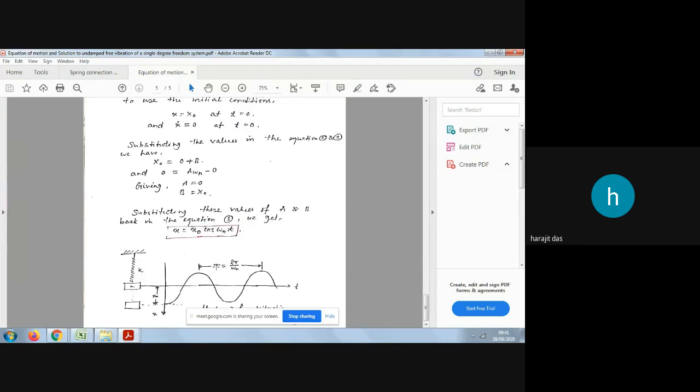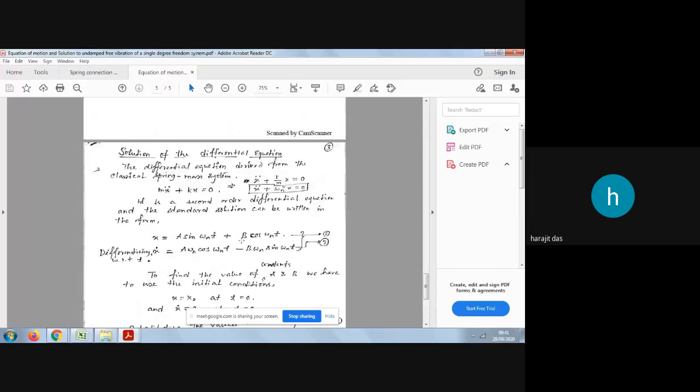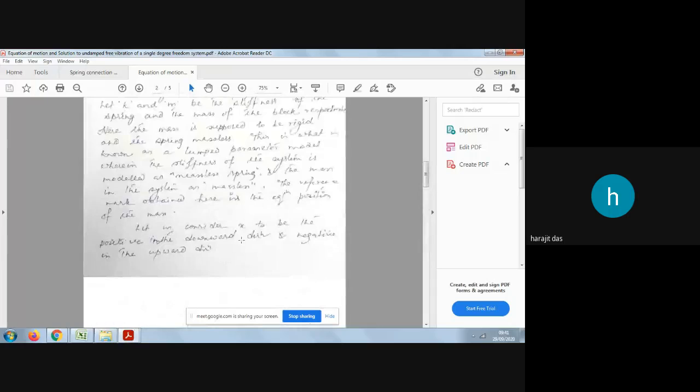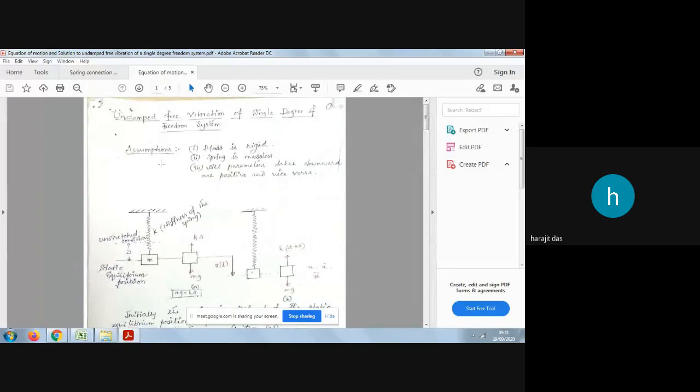If you are asked to find the time period, you need to write T equals 2 pi by omega n, and you will get the time period for that particular equation of motion or simple harmonic motion. So this is all about the analysis for an undamped free vibration of a single degree freedom system.